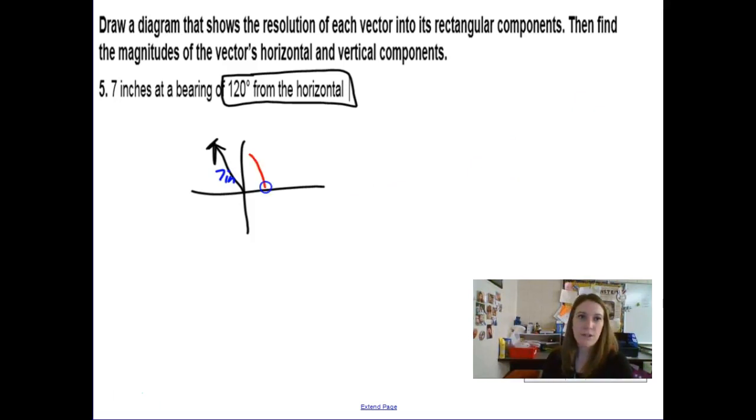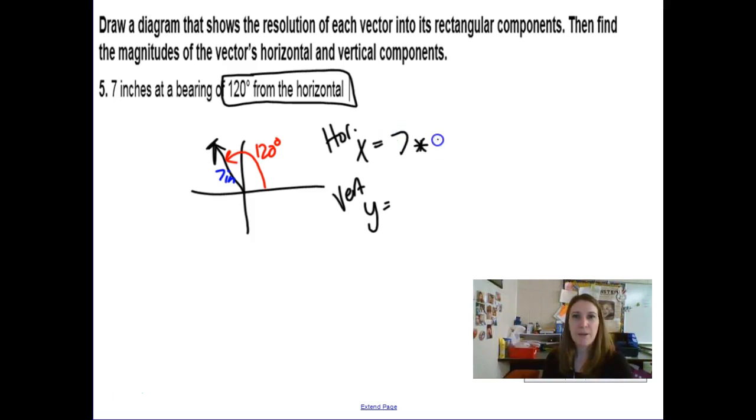This is 120 degrees. It's kind of a boring question now, guys, because we just did a couple of these and they're the same. So the horizontal, which is the x, and the vertical, which is the y, can be found by taking the magnitude and multiplying it by the cosine of 120, that's the correct angle, and then 7 times the sine of 120.